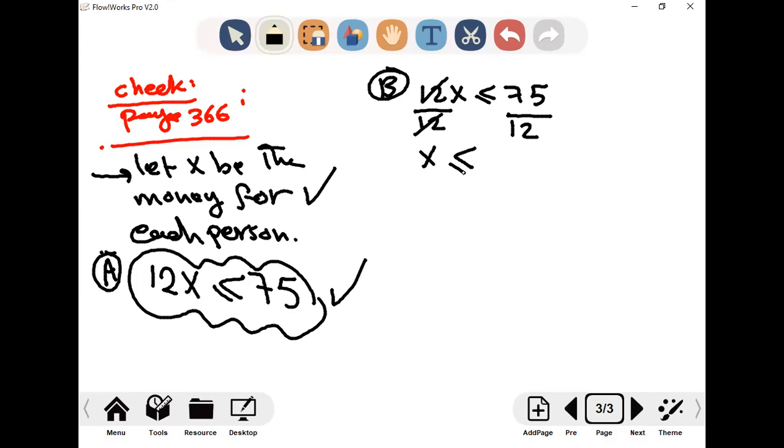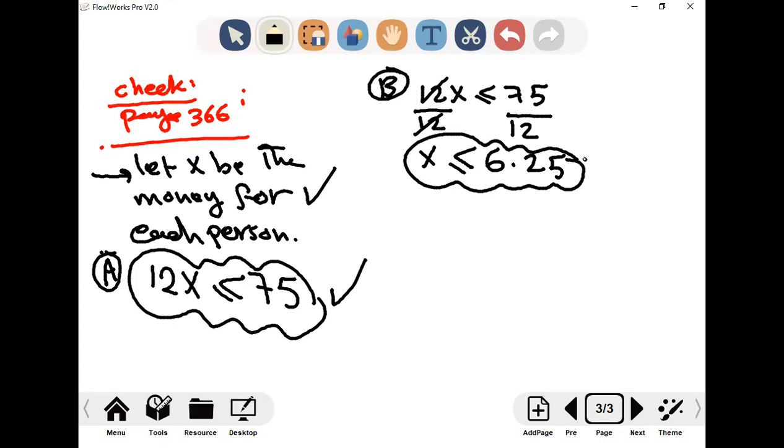6.25. What does this mean? Now let's understand the solution. This means he can spend on each person 6.25 or less.